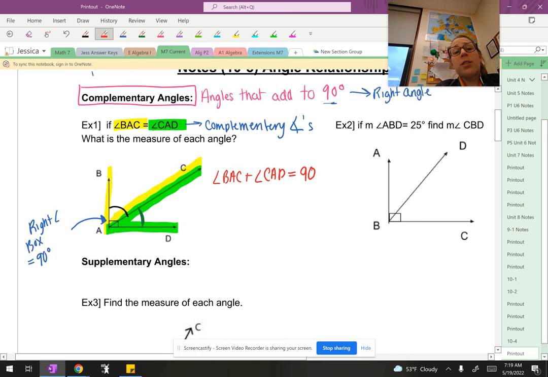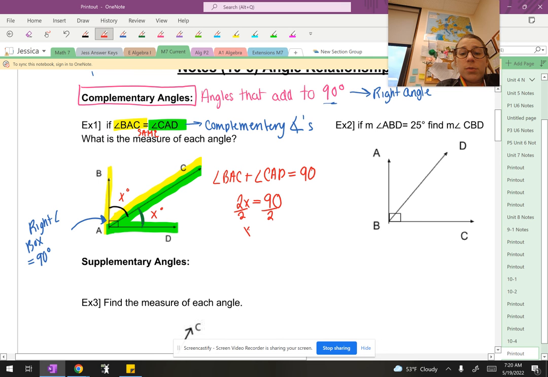They also told us in example 1 that the two angles were exactly equal to each other. So if I have to add those angles to get to 90 degrees, you can create the little baby equation 2x. If I don't know what they are, I could say this is x and this is x degrees, because we know that they're the same. That's what that equal sign means. So x plus x should equal 90 degrees.